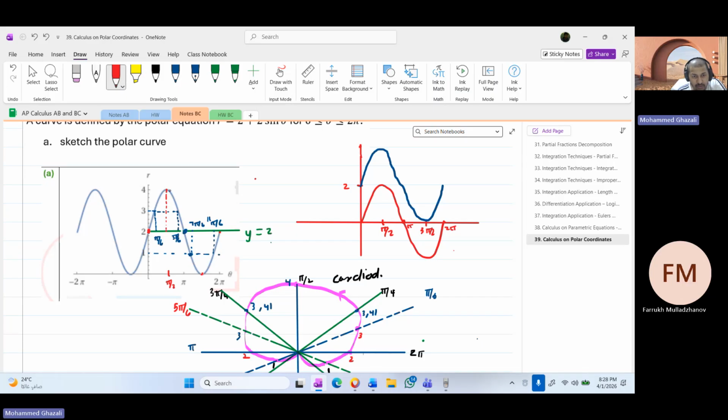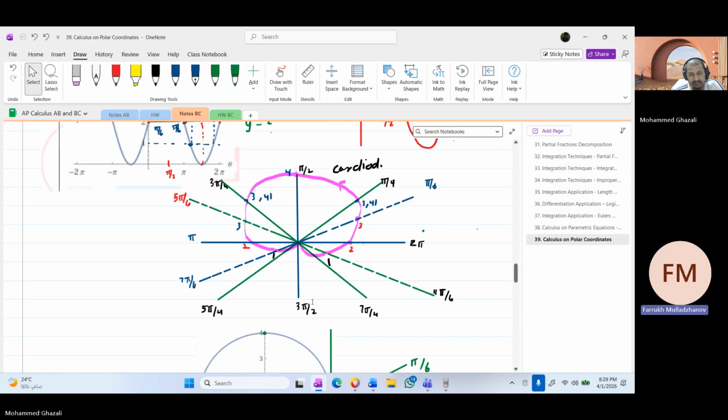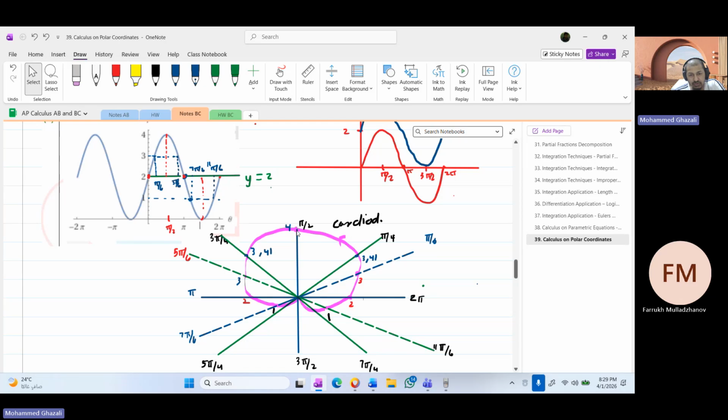You can see the radius is dropping and getting close to the symmetrical line. So it's from pi by 2 to 3 pi by 2. From pi by 2 to 3 pi by 2, you can see the curve is getting closer to the origin. See, from the maximum radius 4, it dropped: 3, 2, 1, then it became 0.